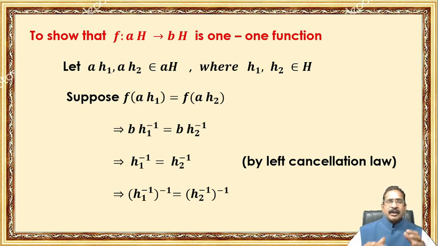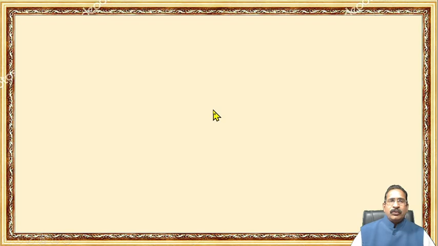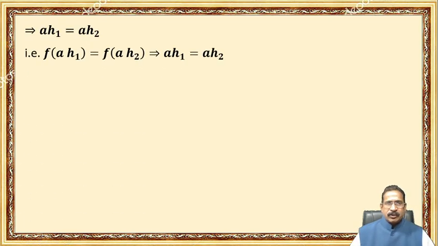Then h1 inverse whole inverse is nothing but h1, and h2 inverse whole inverse is h2. Therefore, we obtained ah1 is equal to ah2. That is nothing but the one-one definition. So f is one-one.